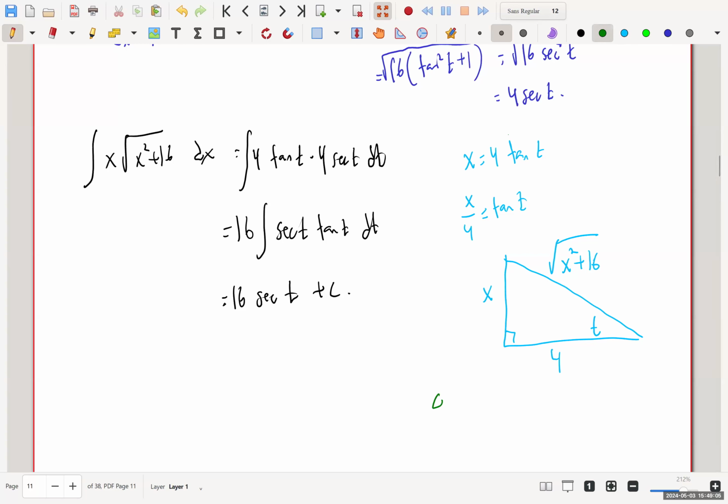Cosine of t is 4 over the square root of x squared plus 16, and so secant of t is just that reciprocal: the square root of x squared plus 16 divided by 4. And because 16 divided by 4 is 4, we have 4 times the square root of x squared plus 16 plus a constant.